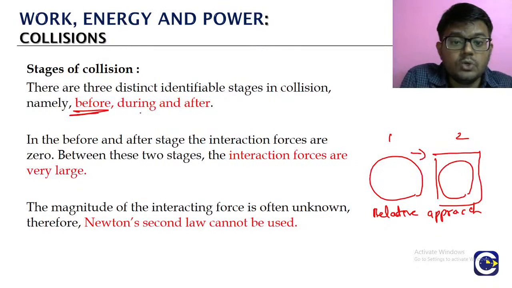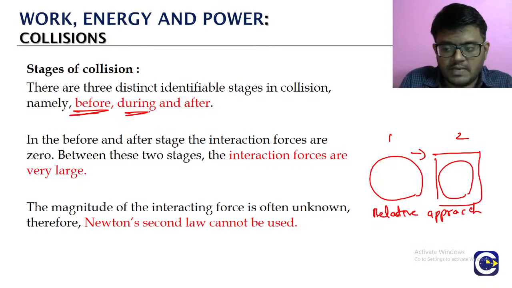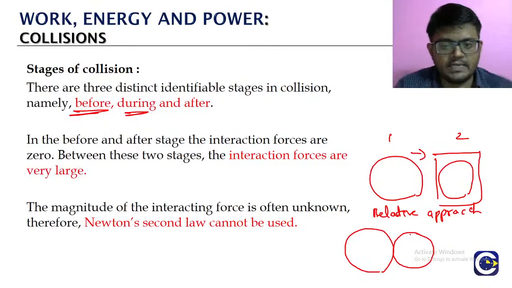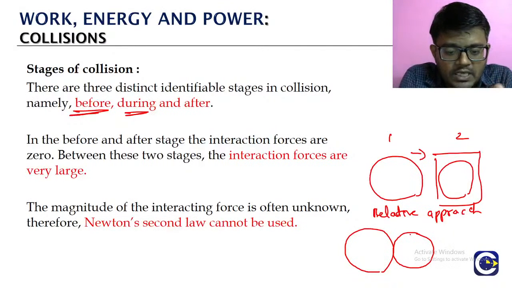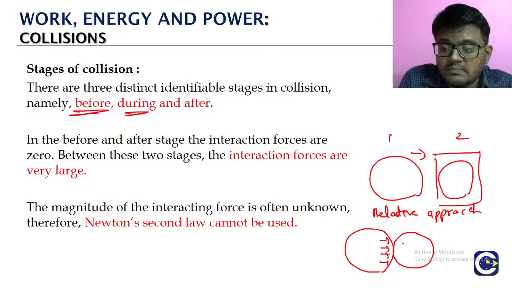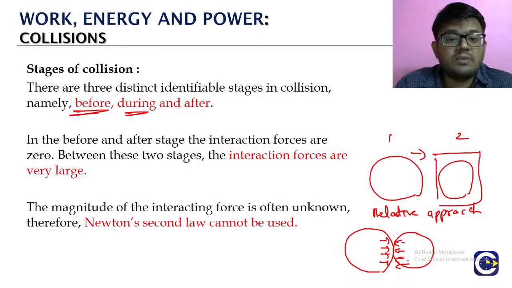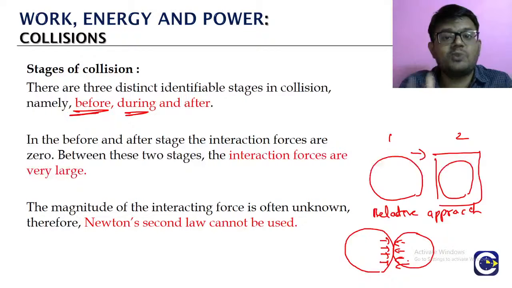Next stage is during the collision. If you talk about the collisions where you actually have a physical contact, we will have the 2 balls coming and having a physical contact. During the collision time, you may see some kind of compression. If you see some of these movies, the hero will hit the villain and they will show it in slow motion.